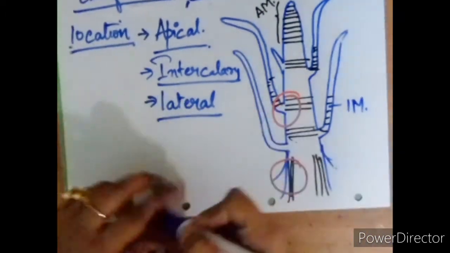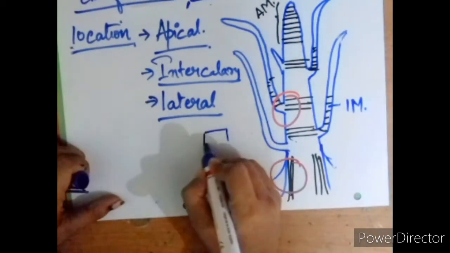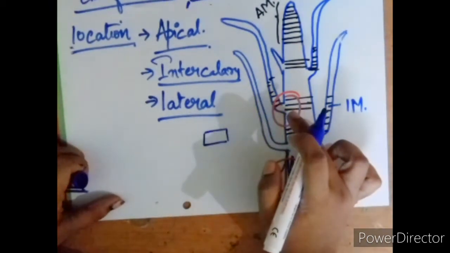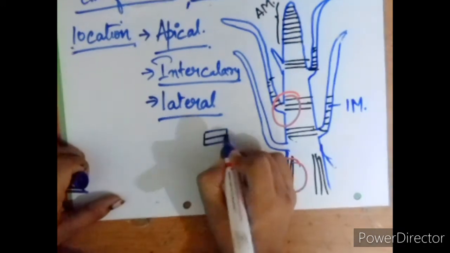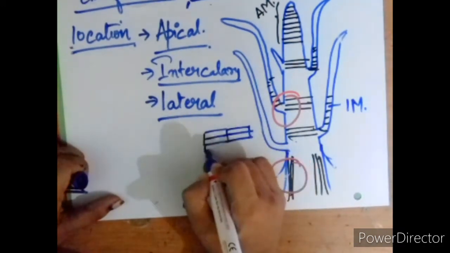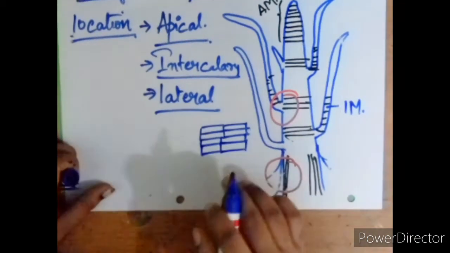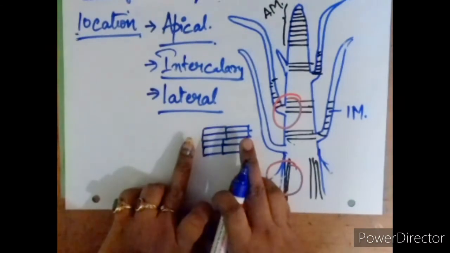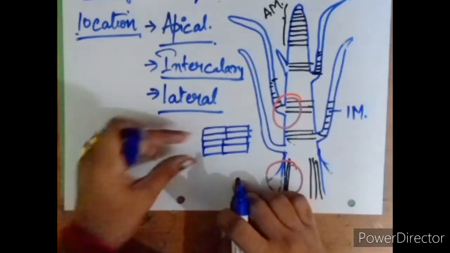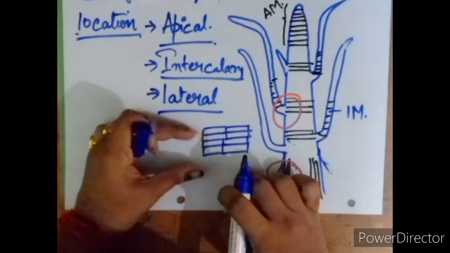If I am magnifying this area, take a cell, for example this is the cell. Okay, and when the cell is dividing in this plane, all the cells are dividing in this plane. Again a cell has divided and it has taken its due course. Then what is happening? You are seeing that one cell has divided several times, and now we have 4 sets of cells, right? 4 sets of cells.